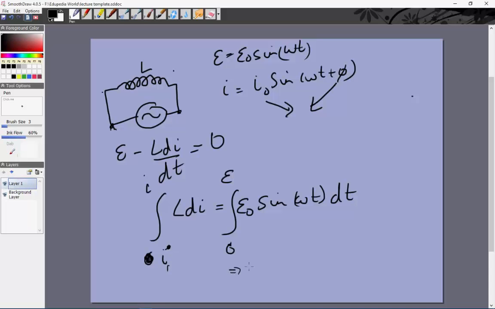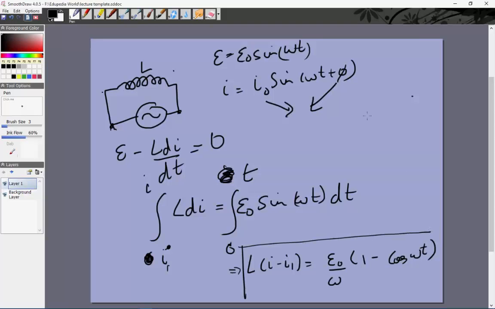Right. So what that gives me is L times I minus I1 is equal to E naught by omega. Integral of sine theta is minus cos theta. So here it will be 1 minus, this is t, sorry, this is t. This will be 1 minus cos omega t. Right. So this is the equation.